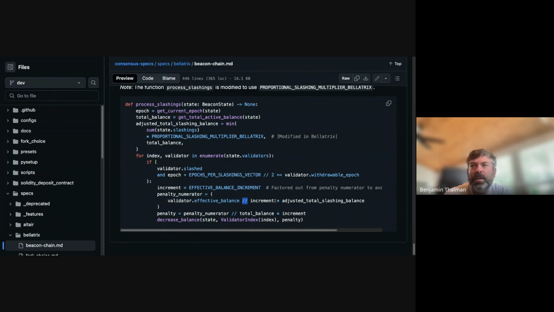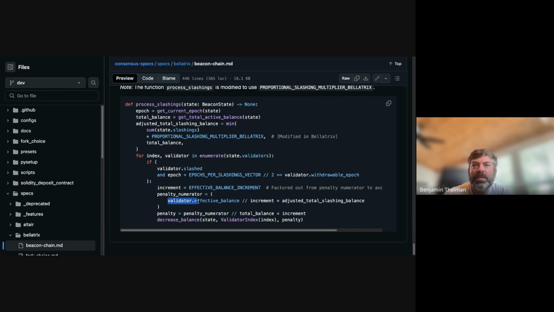Floor divide increment. So what happens here is you're basically calculating your effective balance in ETH rounded down to the nearest whole ETH.